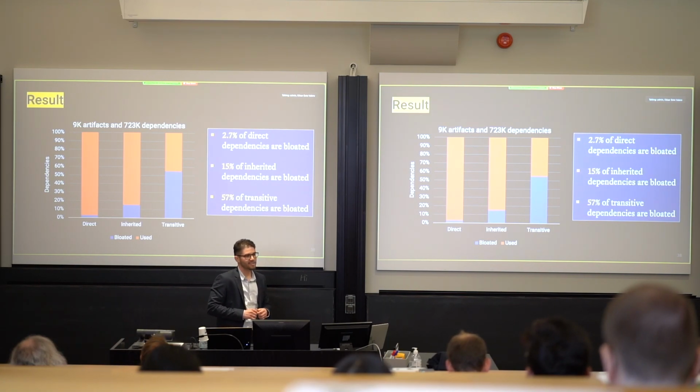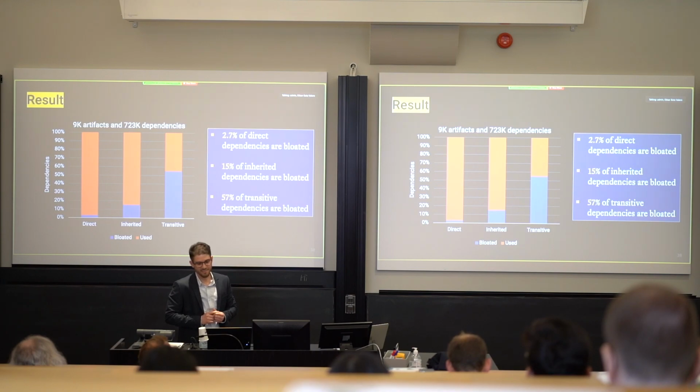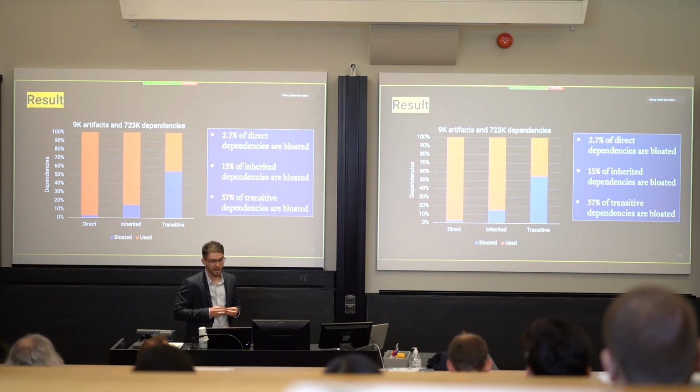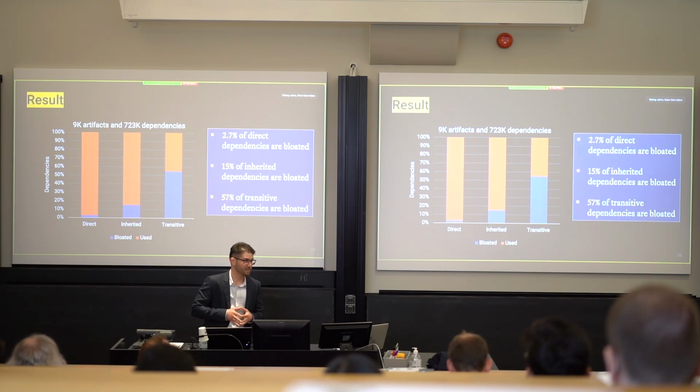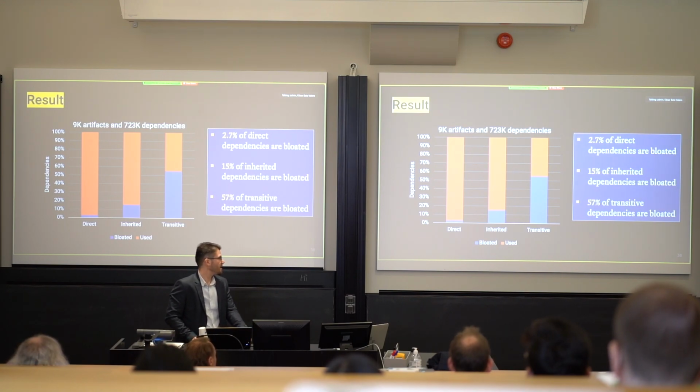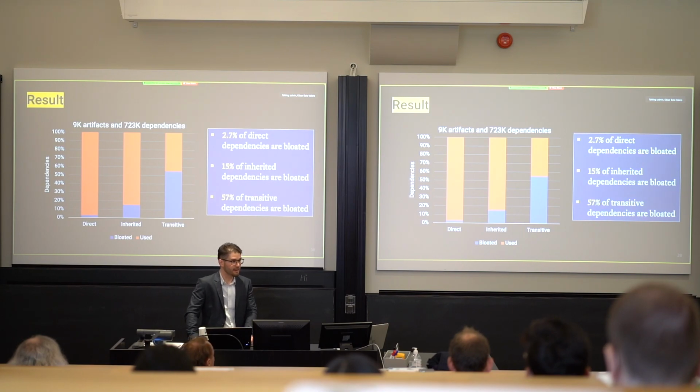We were amazed to see that 2.7% of the direct dependency relationships are bloated dependency relationships, according to our tool. 15% of the inherited are also bloated, and 57% of the transitive dependency relationships are bloated.